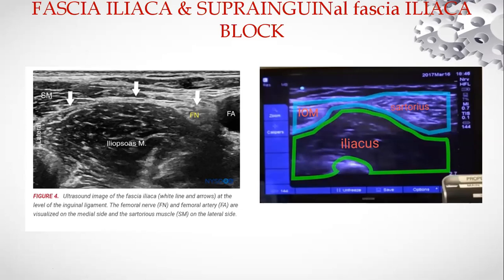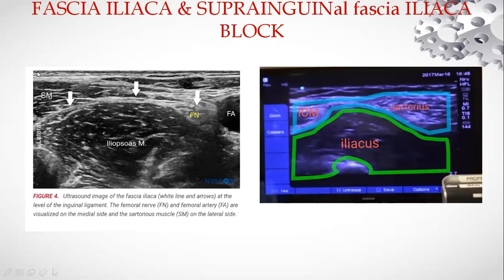So traditionally, like we do the fascia iliaca block, you might first recognize the femoral artery and the femoral nerve while you are on the inguinal crease. The probe is placed transversely on the inguinal crease, and then it is taken laterally till the point where you can see the sartorius muscle as well.